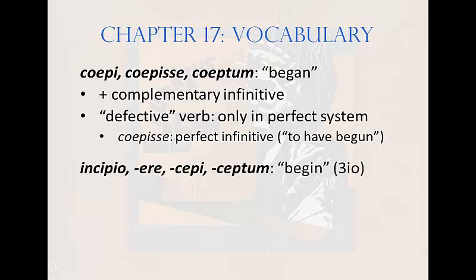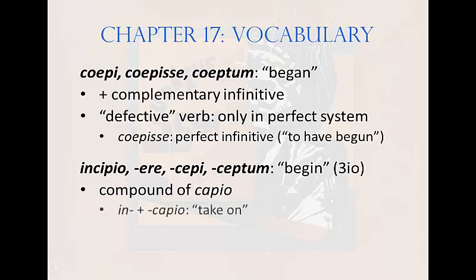And here's another way Latin has of saying begin. Incipio, incipere, incepi, inceptum. It's a third io conjugation verb. Incipio is a compound of capio. It's in, meaning on, plus capio, meaning take. Just as in English we use take on as another way of saying begin.